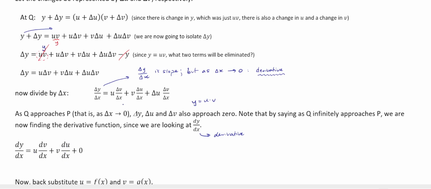So you can see that the two functions stay the same, but the other factor is now turning into a derivative. Note what we said right here: delta u also approaches 0. So you have 0 times this derivative right here, and anything times 0 is just 0, so that final term becomes 0.